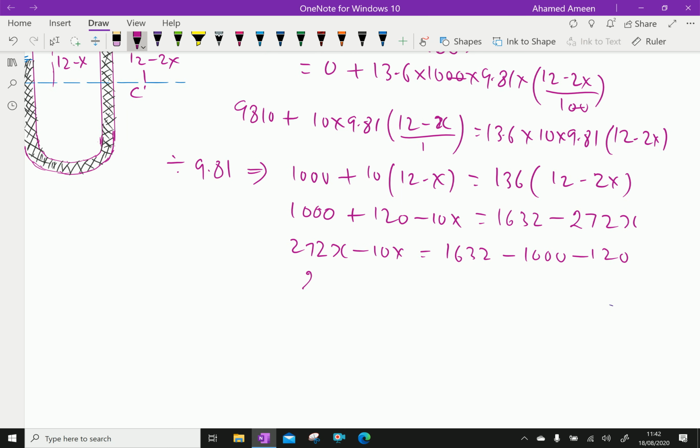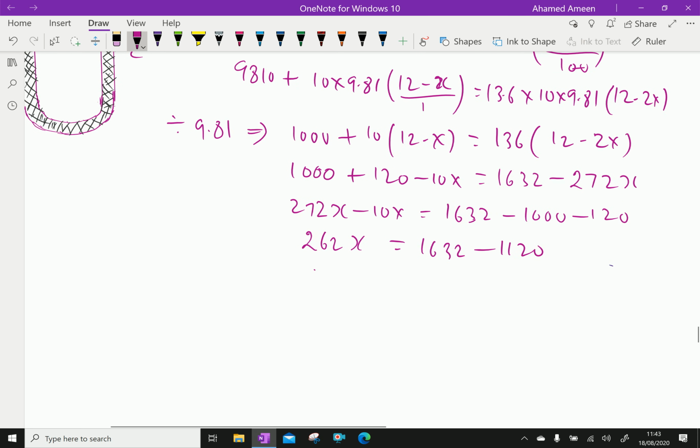Here 262x equals 1632 minus 1120, which is 532.